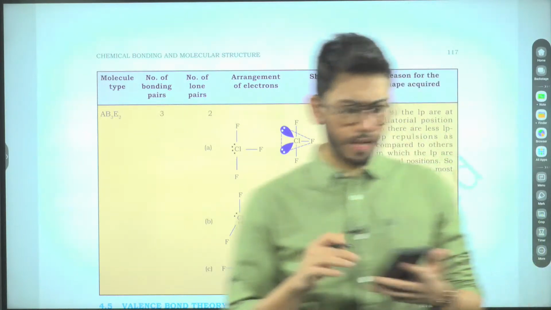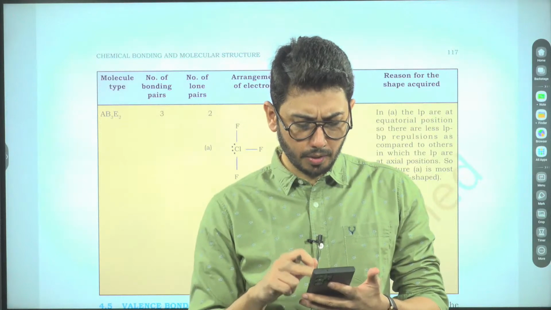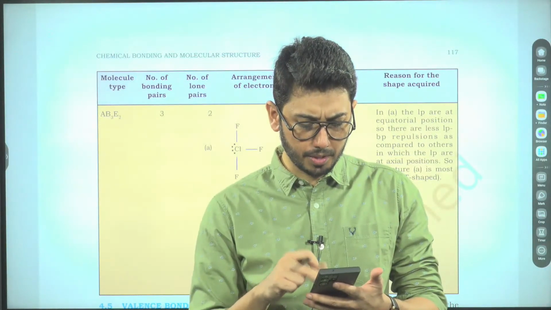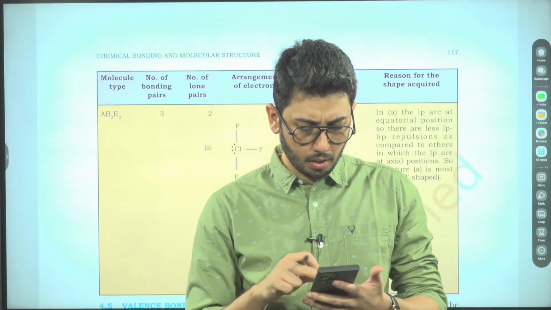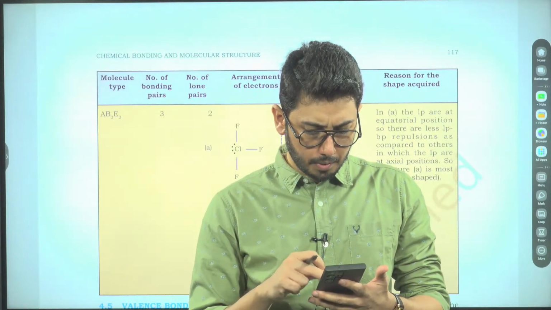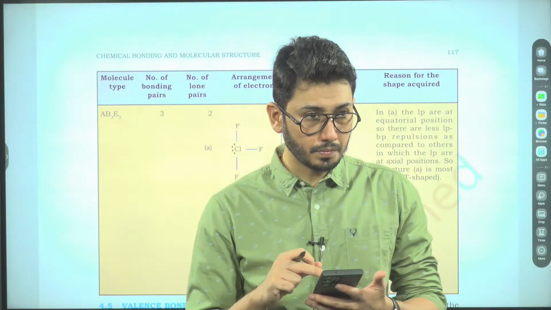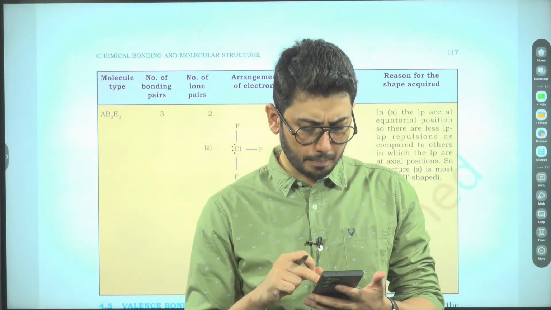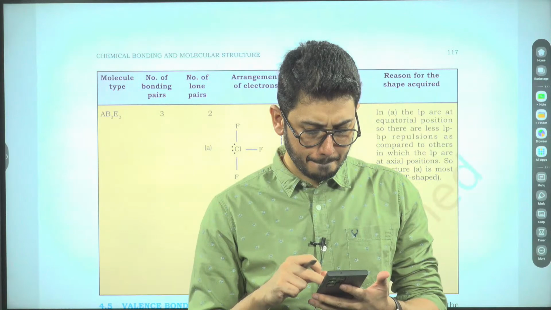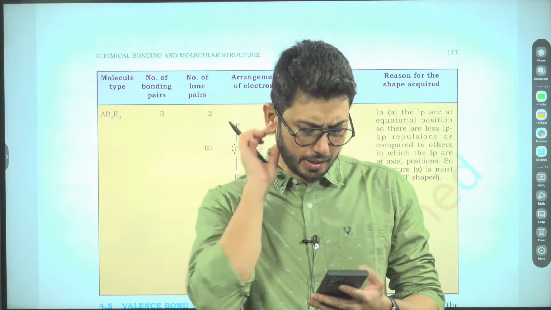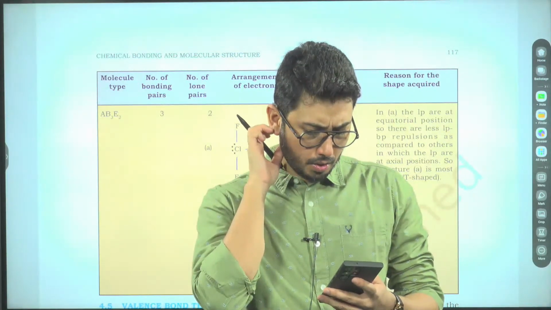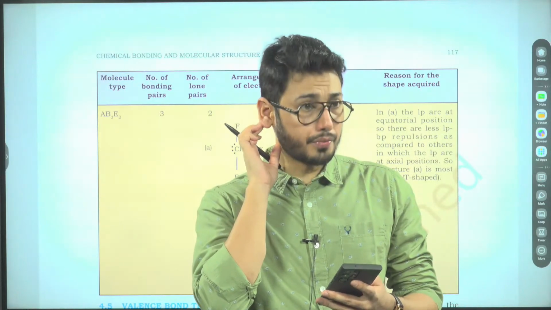Okay, last was AB5. What's the example we have discussed? Only examples written or some examples discussed also? Some examples discussed also. PCl5, any other example? Other examples also discussed, like XeO3F2.